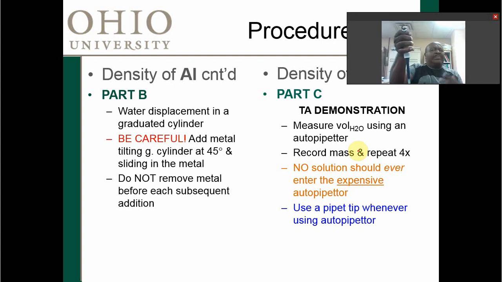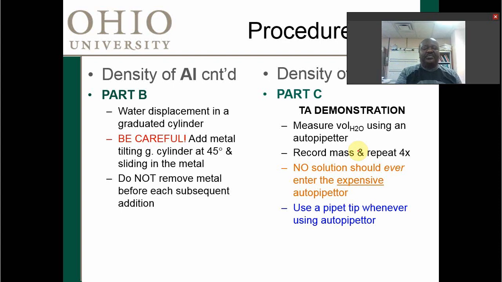Get to the first resistance point, put it in your solution, draw the solution up slowly, 1, 2, 3. Take a second or two afterwards to make sure that the drawing up of the solution is complete, and then dispense. Can you do that? Yes, you can. Total reliability.